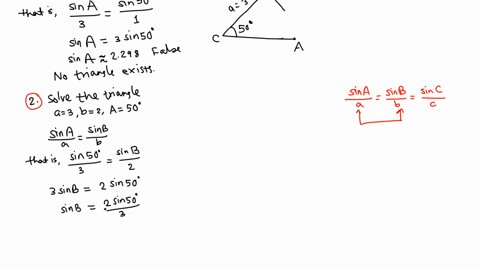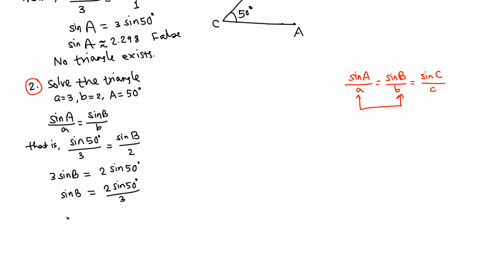We can use our calculator and find the decimal number, or we can find B directly. So B is sine inverse of 2 sine 50 degrees over 3. Now using the calculator we get 30.7.